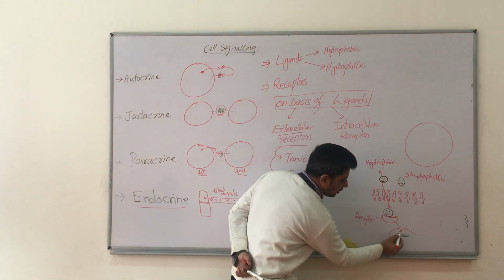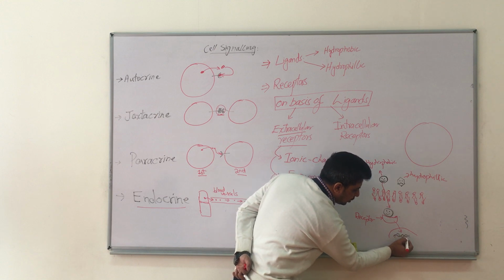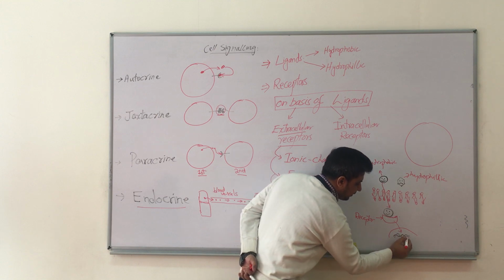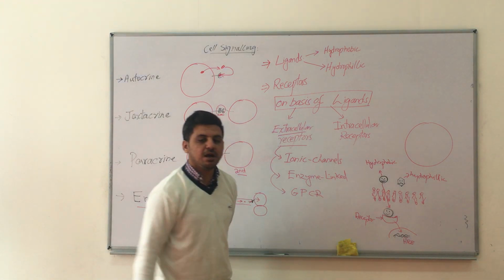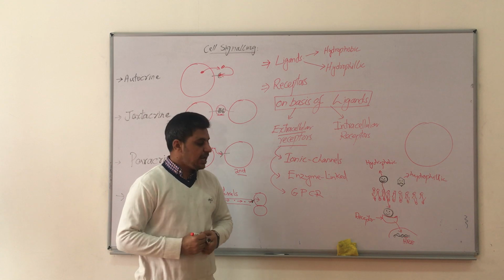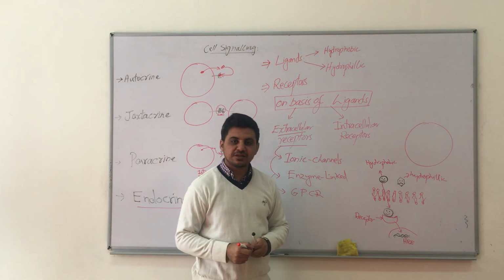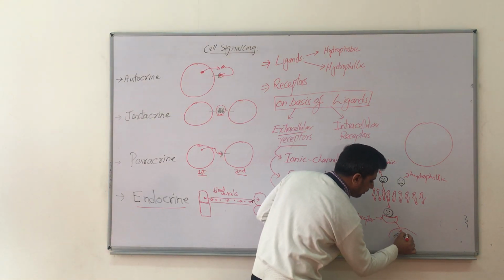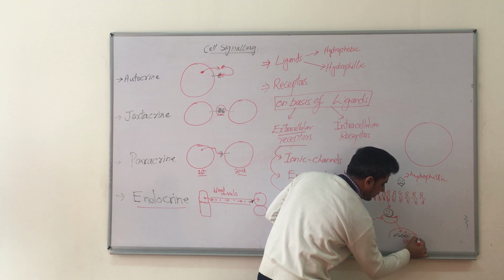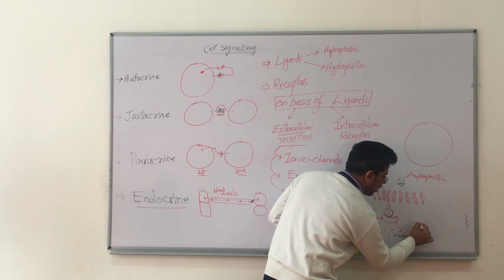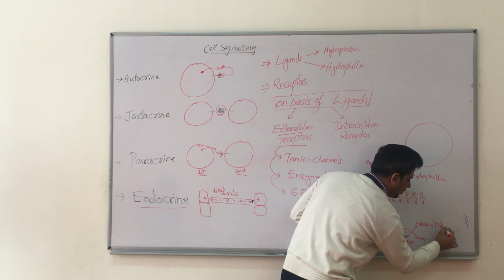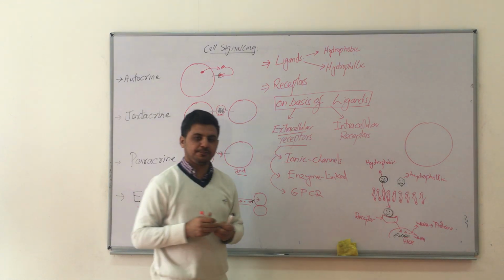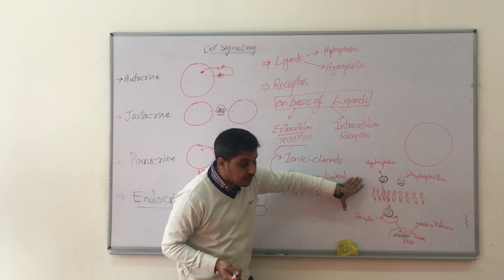After getting entry into the nucleus, it will get attached to a particular region that we name as HRE, hormone response element. After binding with this hormone response element, it will form messenger RNA. That messenger RNA will come out into the cytosol and will give the new proteins. So this is for the hydrophobic compounds.